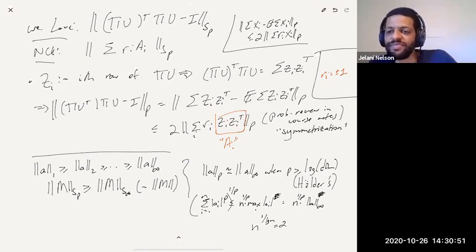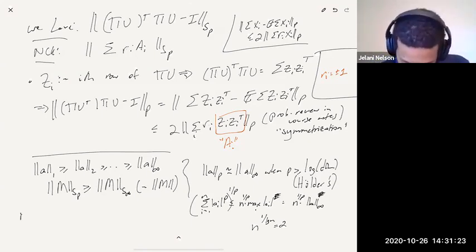Does that make sense? So if you think about that in terms of Schatten norms, what's the vector that you're taking the norm of? You're taking the norm of the vector of singular values. How many singular values are there? It's the rank of A, which let's say is D. Let's say A has full column rank, so it's D. So basically, if you're taking the Schatten log D norm, the Schatten log D norm is the same thing as the operator norm up to a factor of 2.